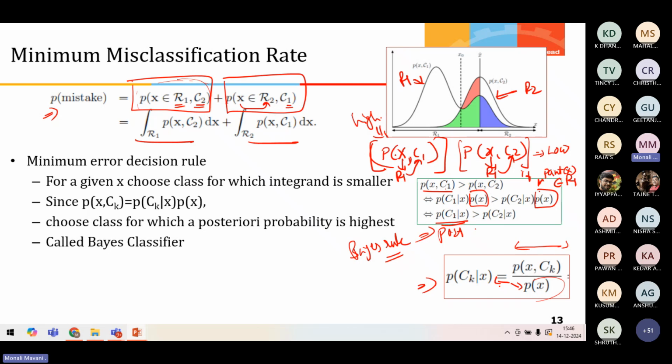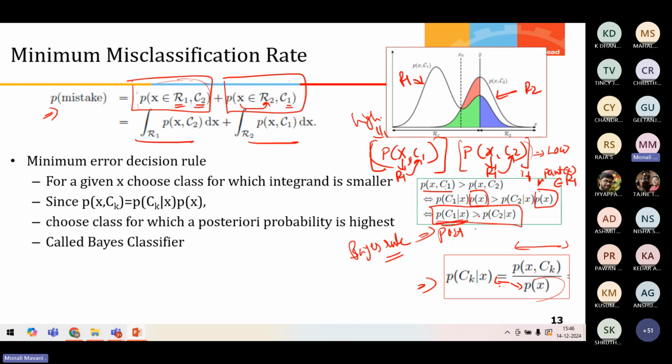So I started with this probability, X belonging to the R1 region and classified as C1. That's what we want. X belonging to the R1 region but classified as C2, we don't want that. So we want to reduce this probability and increase the probability on the left hand side. Indirectly, we are comparing their posterior probabilities.